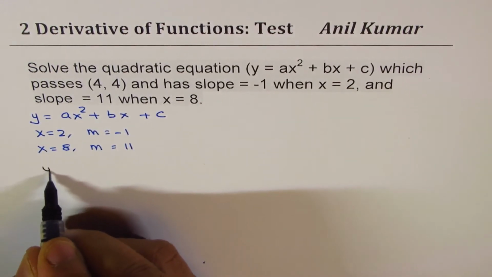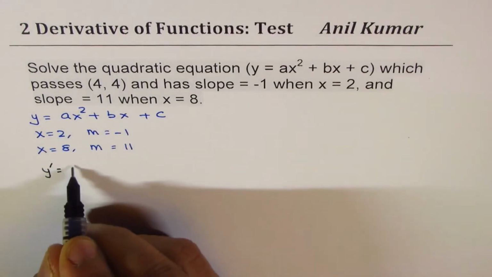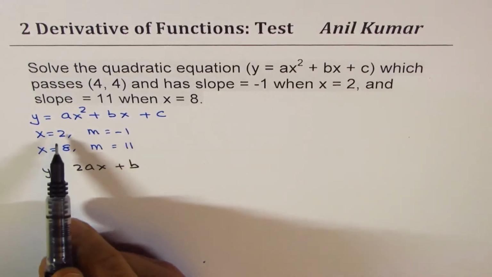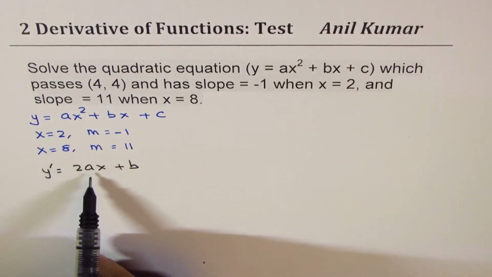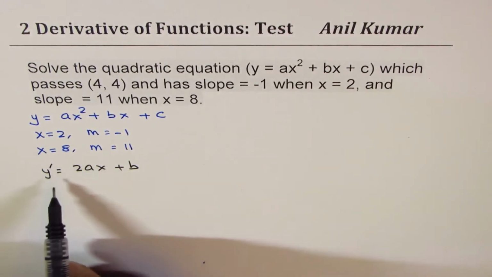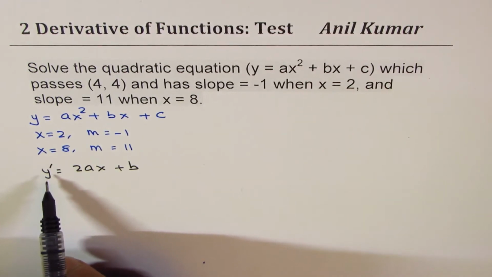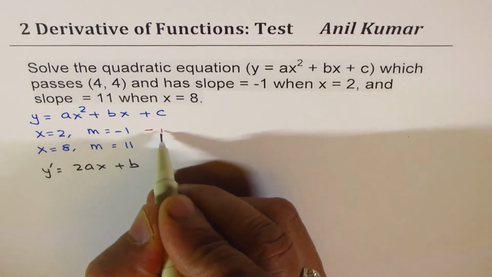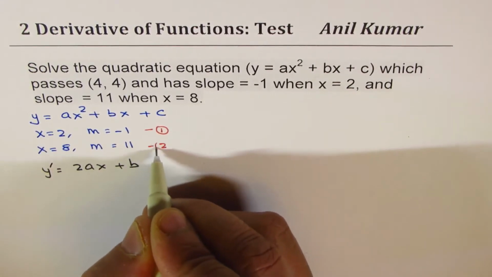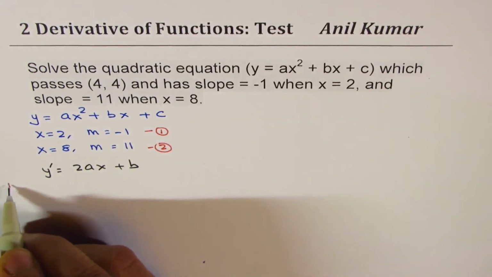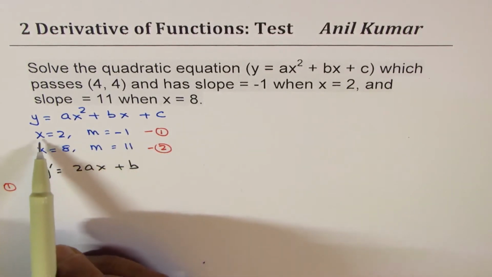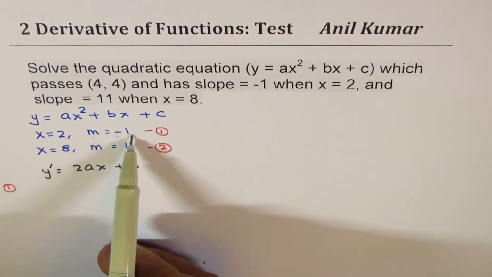So to solve this, let's begin by finding derivative of this function. So in general, derivative of this function will be 2ax plus b. Now these two conditions will give me two equations. So y dash is basically the slope. So if I substitute the first condition, let me write this as condition number 1, this is condition number 2, which is at x equals to 2, slope is minus 1.